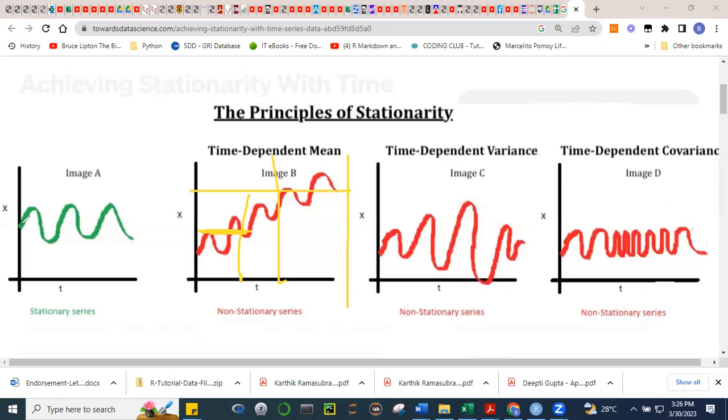Unlike this one, regardless of the time, the average remains the same. So this is a constant mean. This is a non-constant mean.